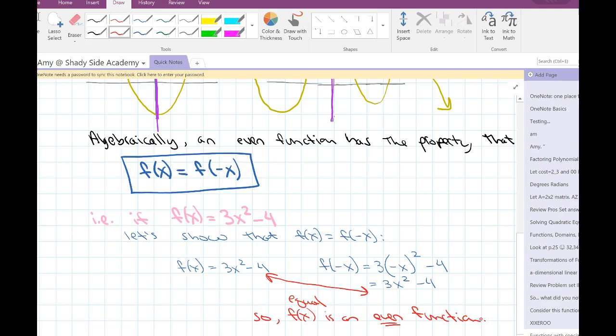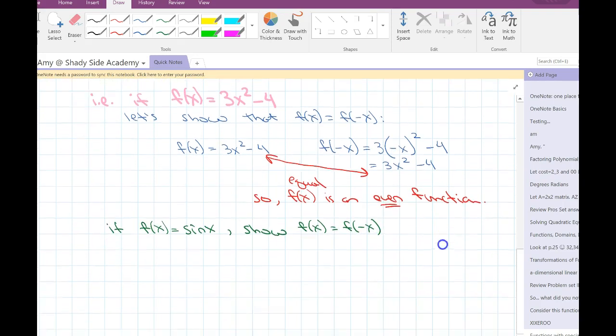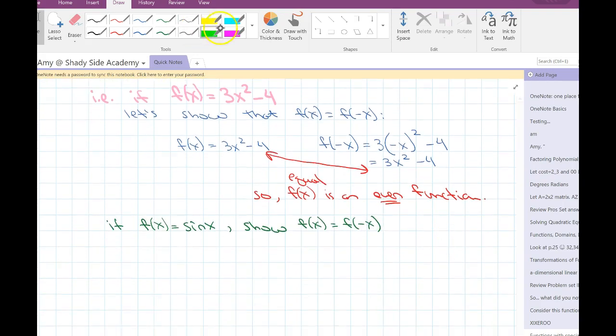Let's do the same thing for the second example, since we have that as our example. Let's say f of x equals sine x, which is the graph above, and show that the algebraic property that f of x equals f of negative x holds true. And I'm being very particular, as I always am.